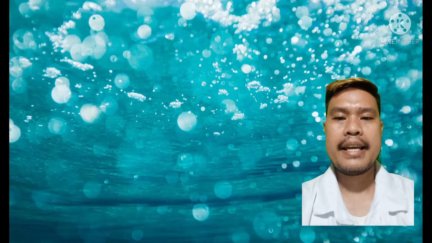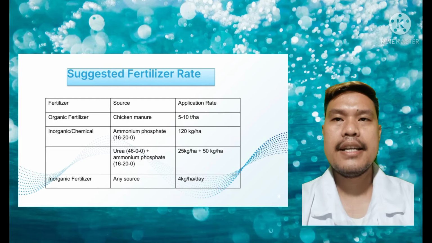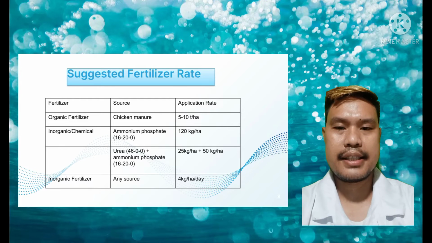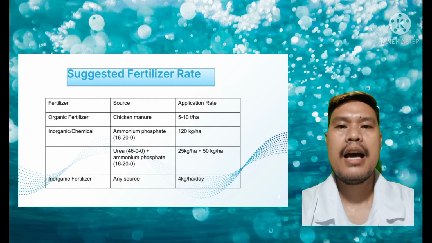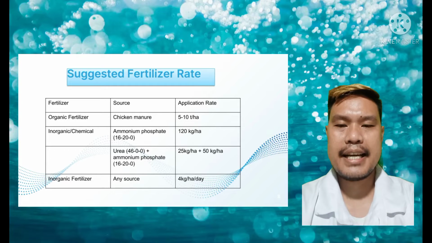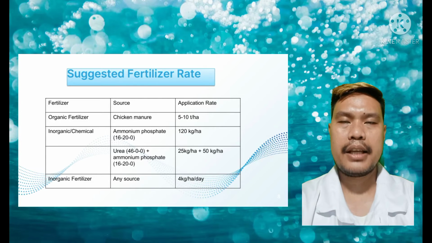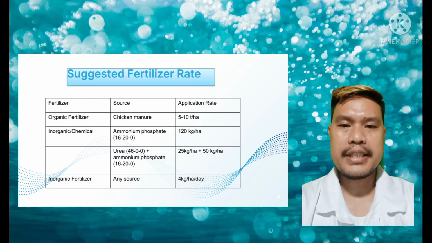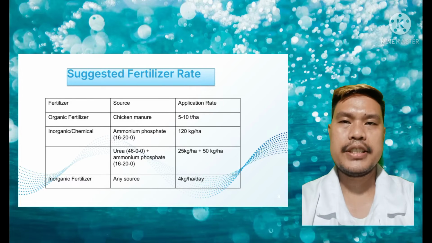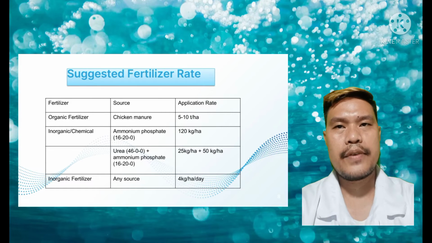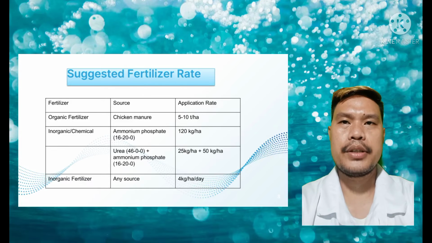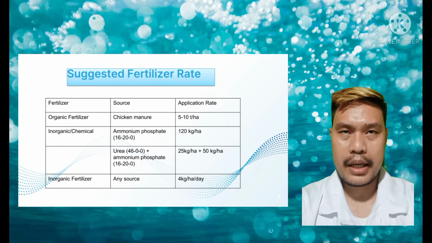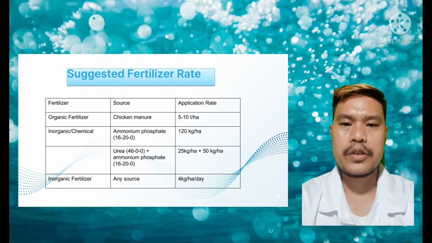Moving on, I have here a suggested fertilization rate. I have here fertilizer, source, and application rate. For organic fertilizer, which is from chicken manure, the application rate is 5 to 10 tons per hectare.